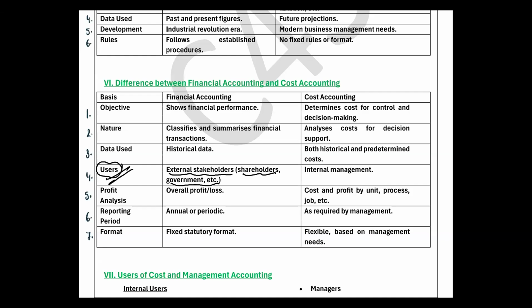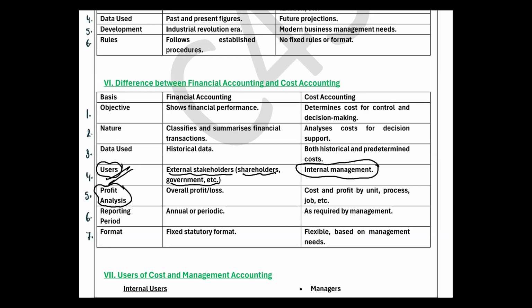But for cost accounting, it will be internal management that ascertains its cost. So the cost accountant's user is internal management.